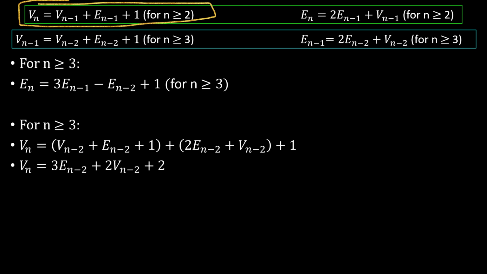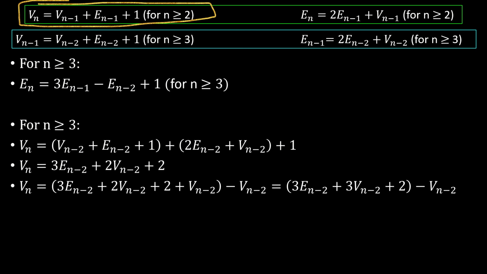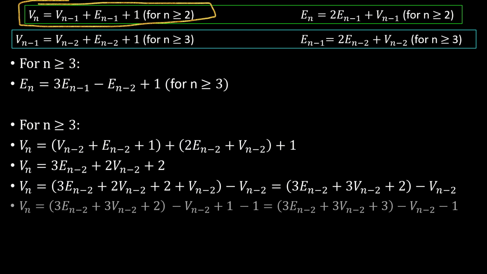Now let's do a little trick here. Let's add and subtract v sub n minus 2 from the right side. Now let's add and subtract 1 from the right side. And now factor out a 3 to get this.